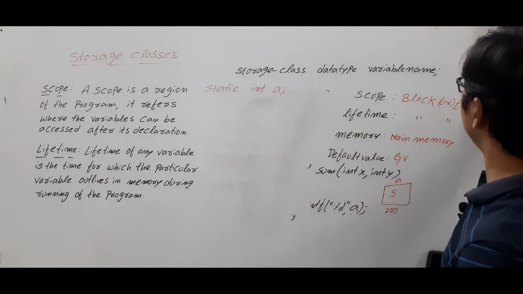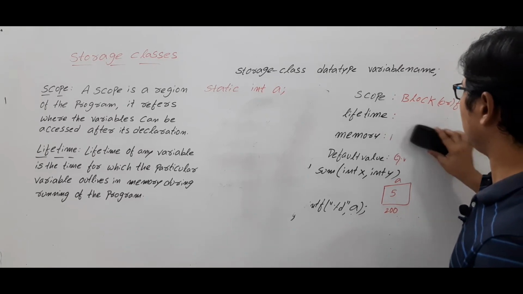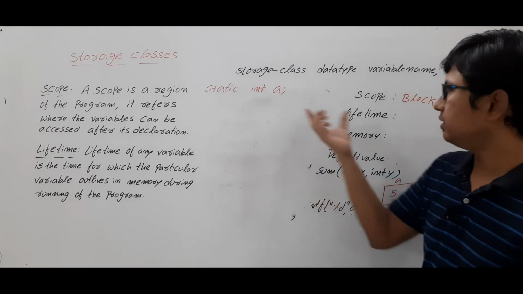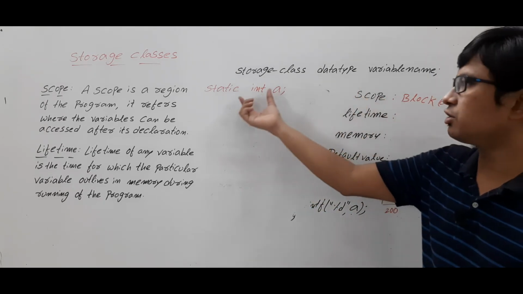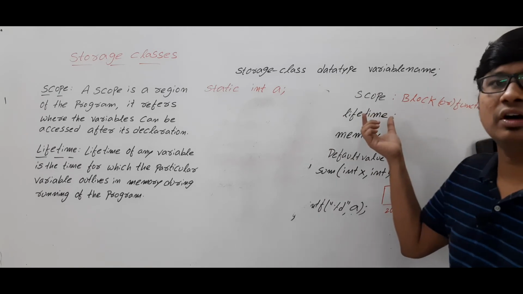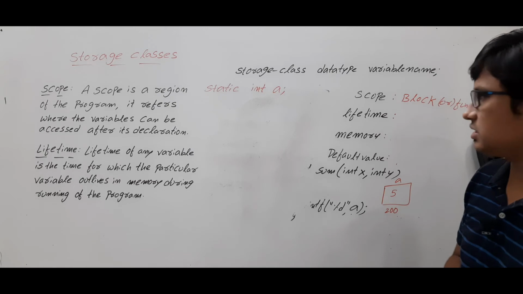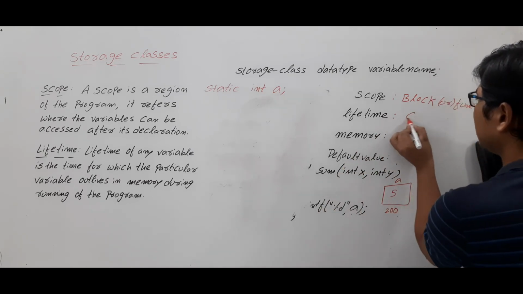The scope is within the block or function only. Are you able to understand? Where you have declared it, there only you can access that variable. So the scope of the static variable is the same as that of the automatic variable, within the block or function. Now what is the lifetime? Lifetime is the entire program.